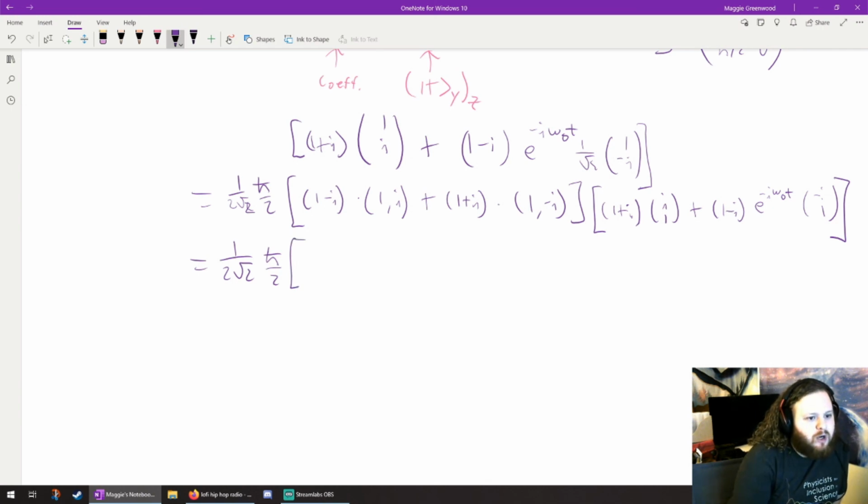And now I need to do dot products. And unfortunately, I don't get to use orthonormality anymore because these vectors are not necessarily orthogonal to one another. And that sucks. But I just have to do the dot products. So I have a term that looks like 1 minus i, 1 plus i, where I'm taking the dot product of 1 i with i 1, which gives me 2i.